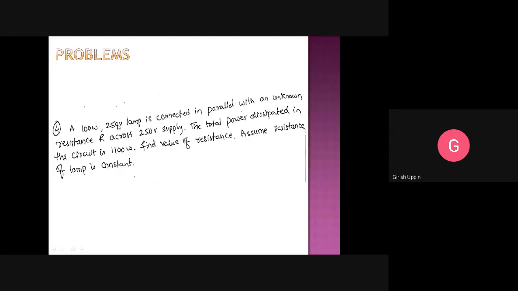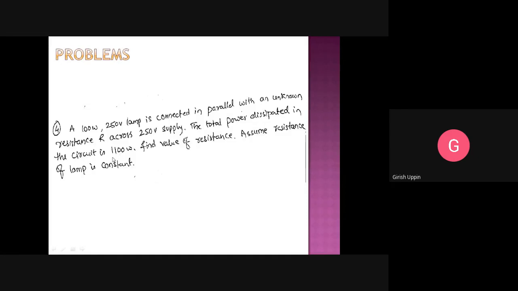You find the resistance, and this resistance is connected with an unknown resistance R. So that resistance is connected in parallel. This whole combination is connected across a 250 volt supply. So V is given, and they have also given the total power dissipated in the circuit.